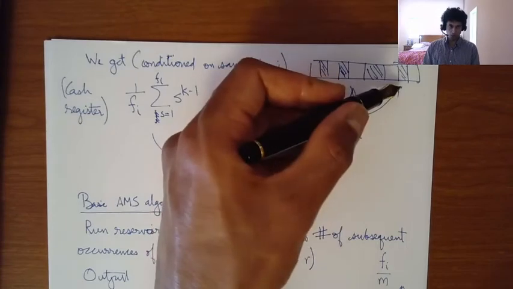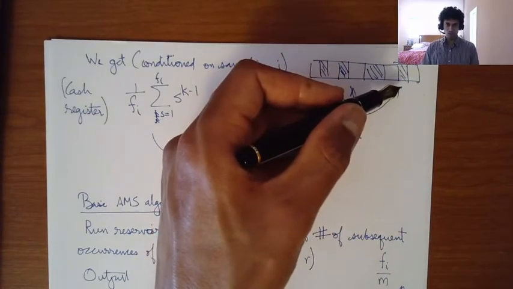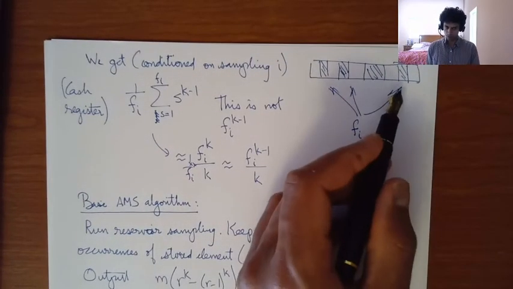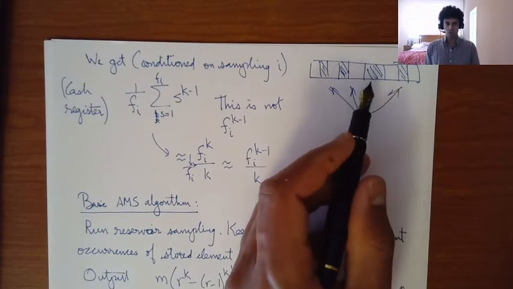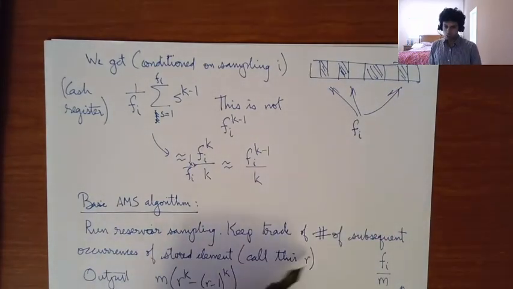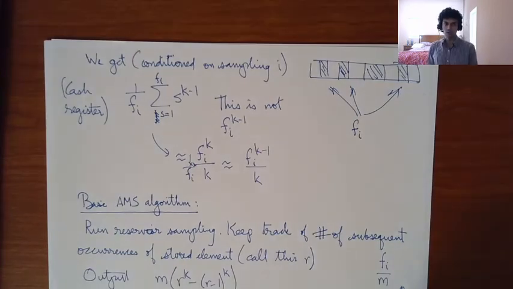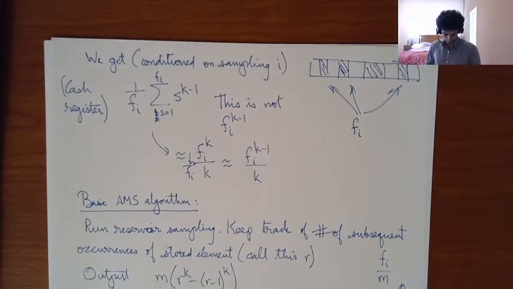If I output from here, the choice of R is going to be either 1 or 2 or 3 all the way up to f of I. So R can take any of these values, but it takes all of those values with the same probability.